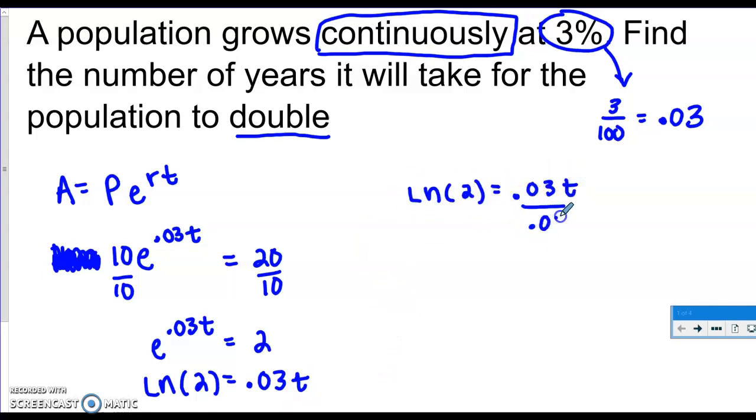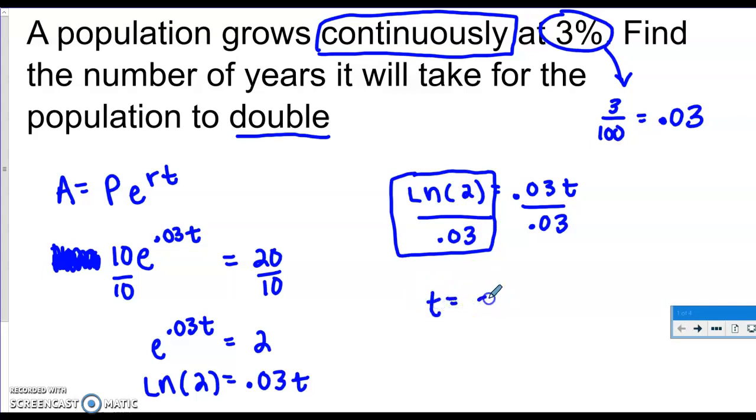So I'm going to need to divide. So this is what I will plug into my calculator. So ln 2 divided by 0.03, it's about 23.1 years.